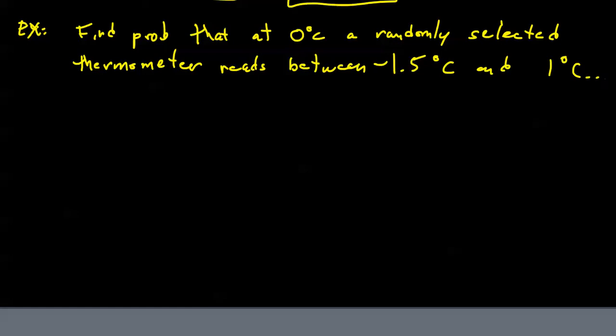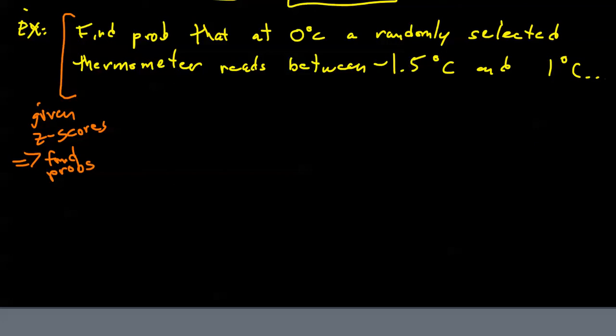Before I go on, I want to highlight something here. In this example, we are given limits for z-values, or I'll say z-scores, and we are asked to compute or find probabilities.